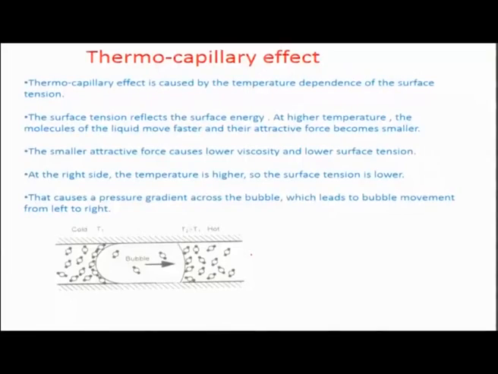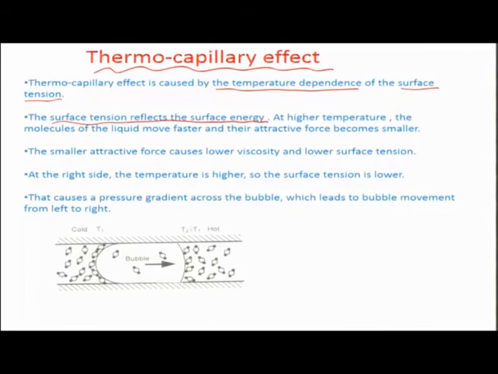There is also a thermocapillary effect which can sometimes be used to do actuation. It is caused by temperature dependence, just as you saw the charge dependence and change in surface tension. There can be a temperature difference across the profile of a bubble, and you know that as the temperature increases the surface tension decreases. So, it reflects a difference in the surface energy.